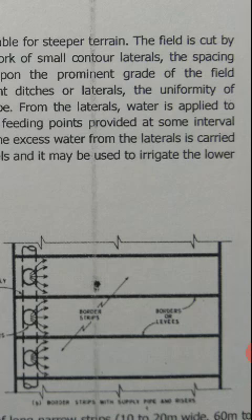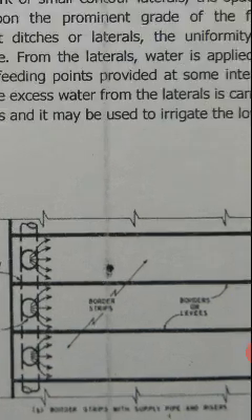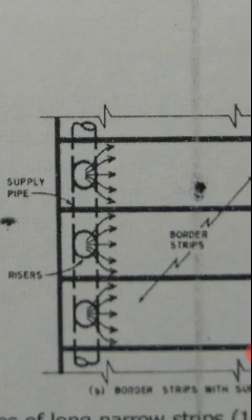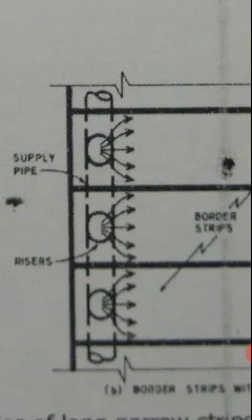The water may be supplied to the strips in either of the following ways, like earth or concrete channels, underground concrete pipes through risers. So risers you can see on the screen left side, and the supply pipelines are there.